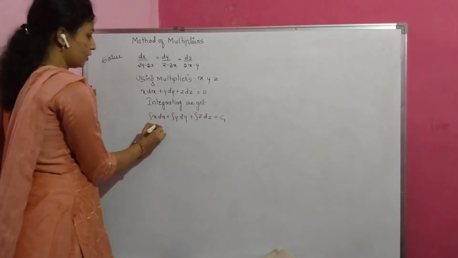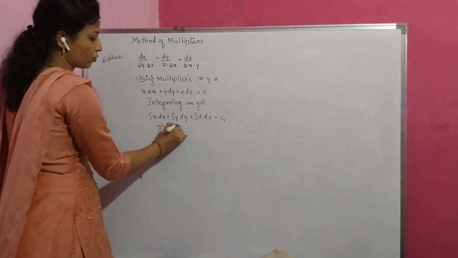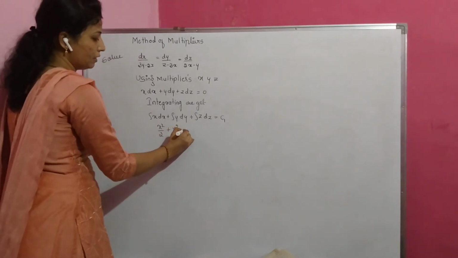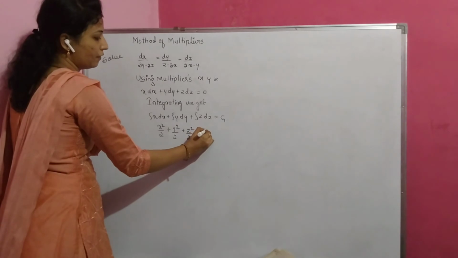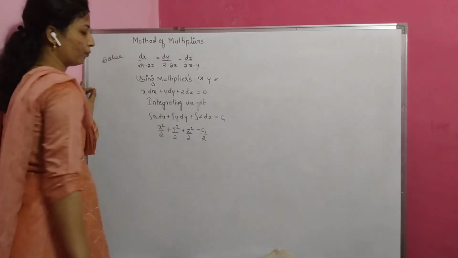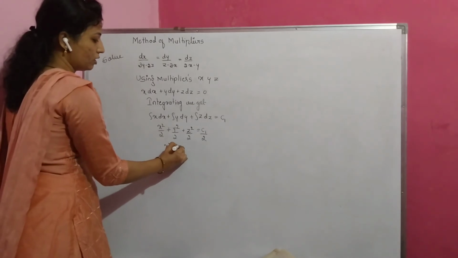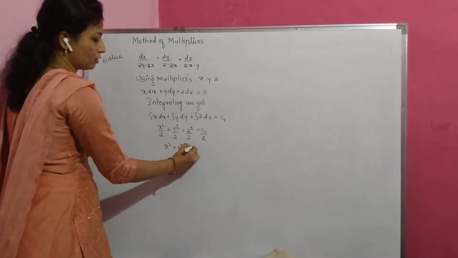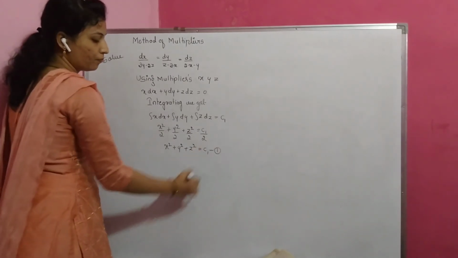The next, x with respect to x means it is x square by 2 plus y square by 2 plus z square by 2 is equal to c1 by 2. And again here the LCM is 2, so it is x square plus y square plus z square is equal to c1. Call this as equation 1.